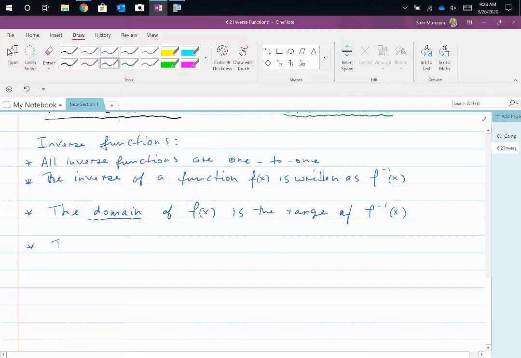And the range of the original function f of x is the domain of the inverse.